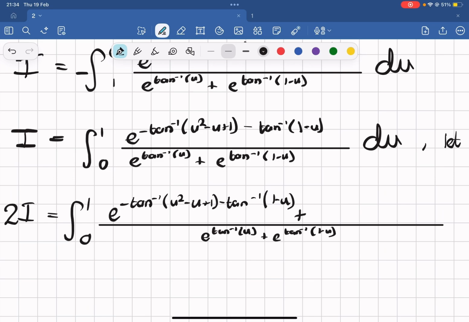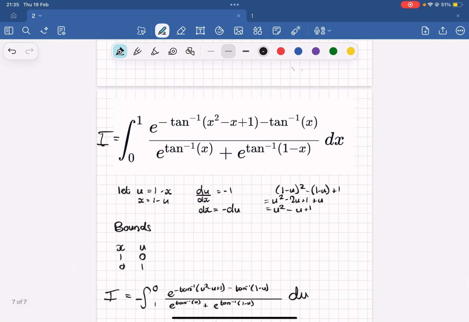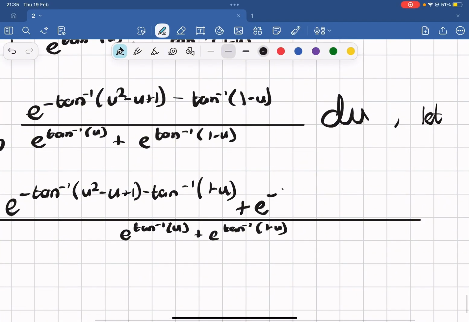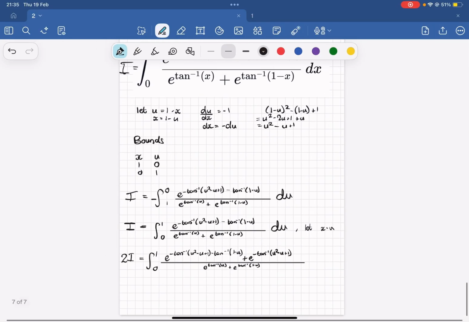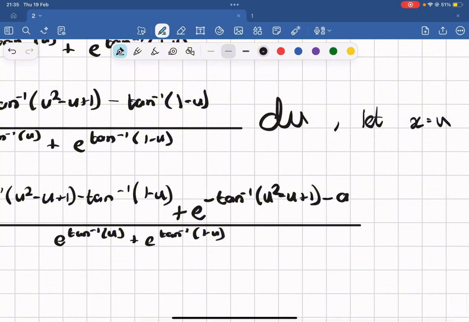And now if you just add the original, e to the minus arctan of x squared minus x plus 1 to e to the minus arctan of u squared minus u plus 1 minus arctan u.